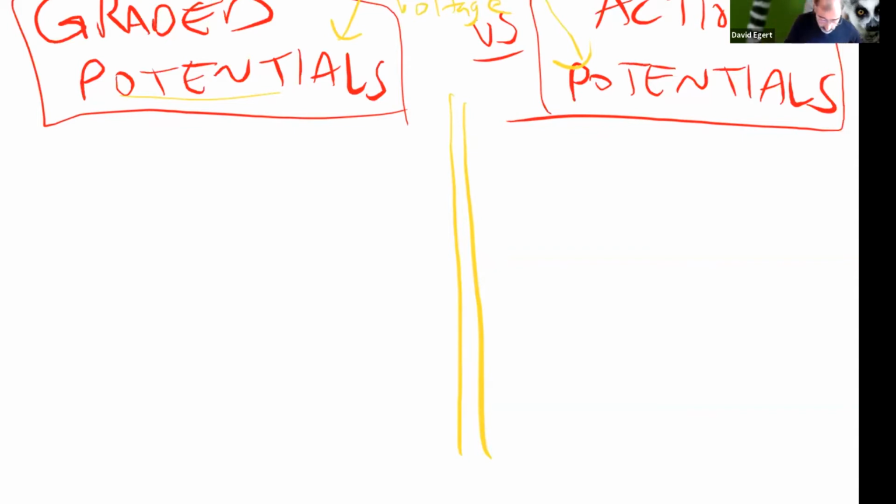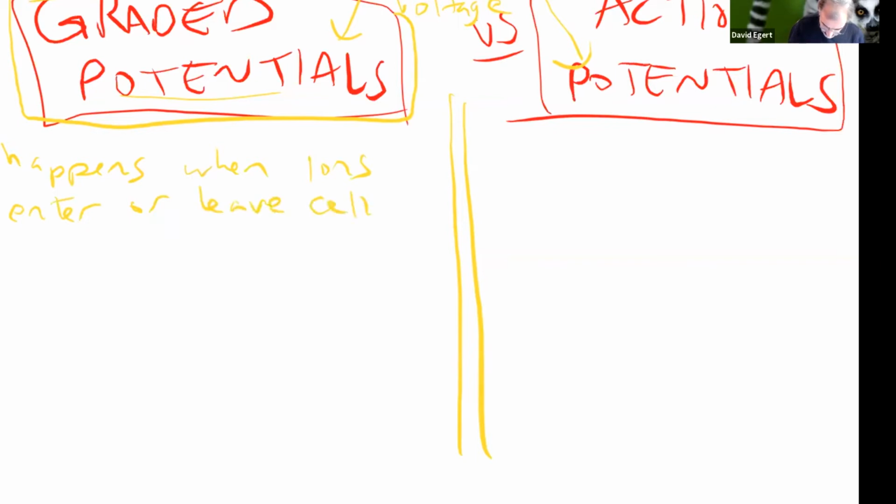So let's start with graded potentials. Graded potentials basically happen when you have ions cross the membrane. So they happen when ions enter or leave the cell.